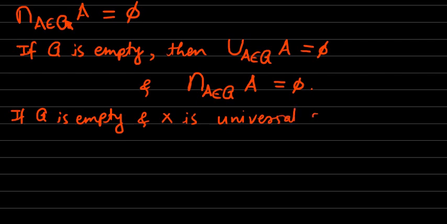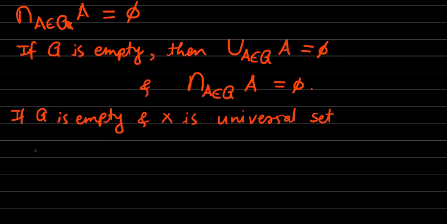What is meant by a universal set? We all know that very well, but once again I will revise it. When we study sets, it is supposed that all the sets under consideration are subsets of a large set, and that large set is called the universal set, which we generally denote by capital X or capital U. So if script A is an empty set and X is a universal set, then what do we have?